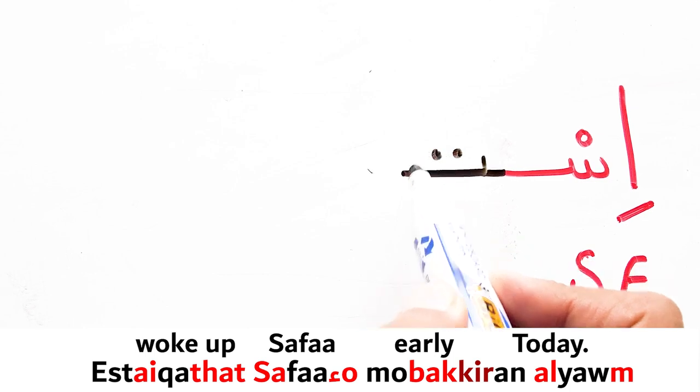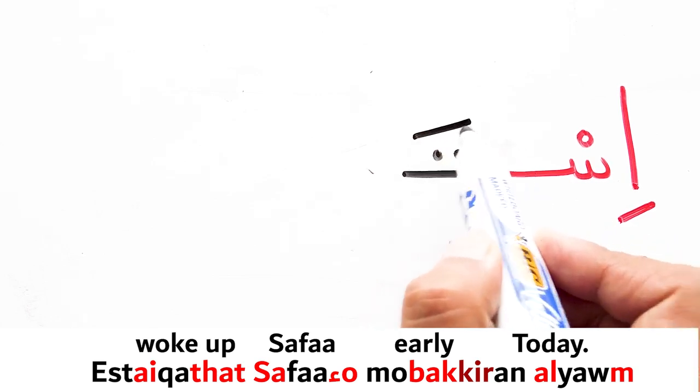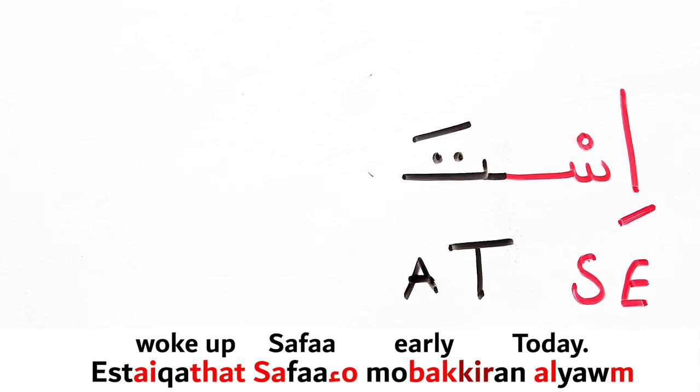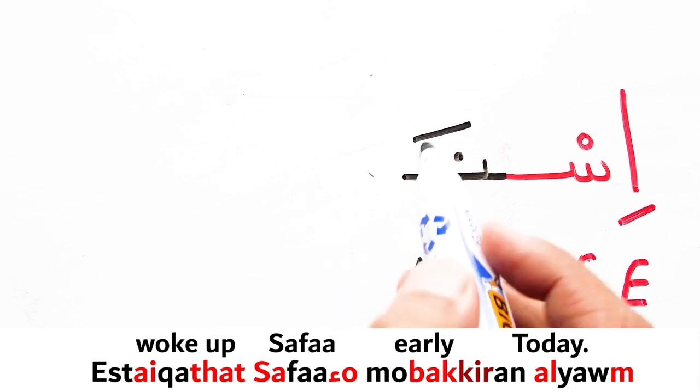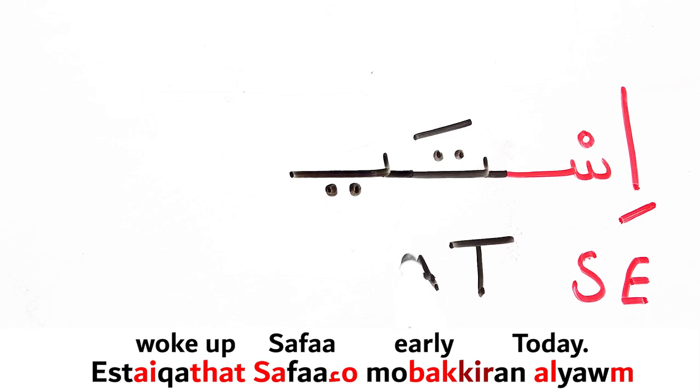The sound of T. Okay, and this mark on the top sounds like A. Okay, so استي. So this letter here sounds like I in this situation.